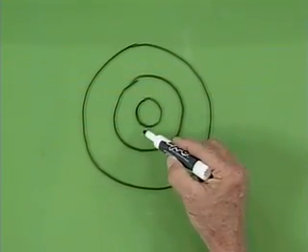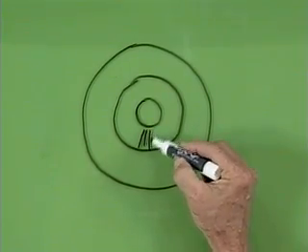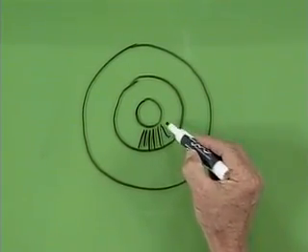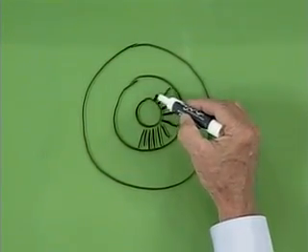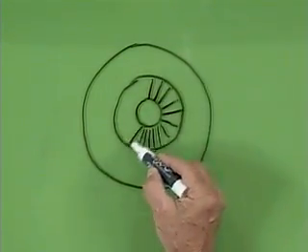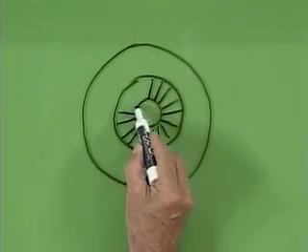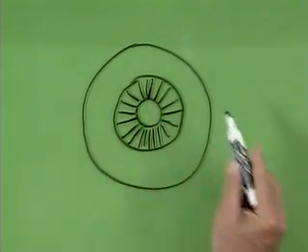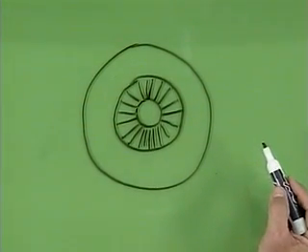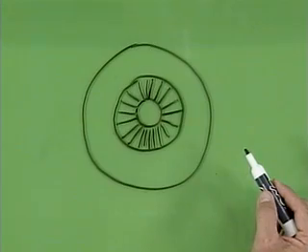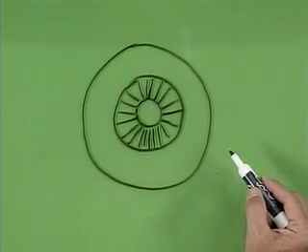Within the iris, radiating like wagon wheel spokes from the pupillary margin out to the base of the iris are smooth muscle fascicles. They go all the way around, and these constitute the pupillary dilator muscle. They are smooth muscle. They're under the control of the sympathetic division of the autonomic nervous system.